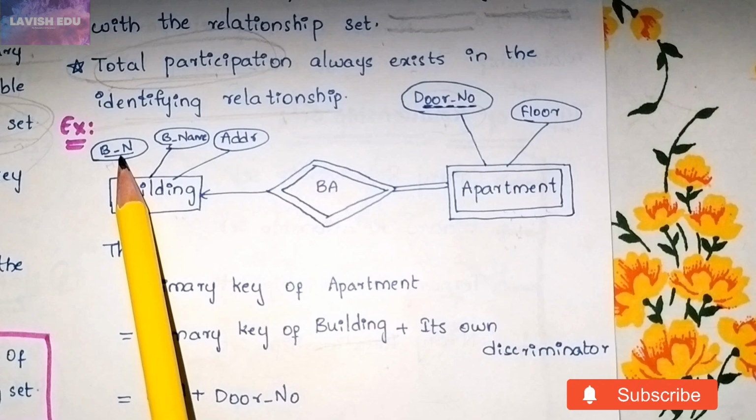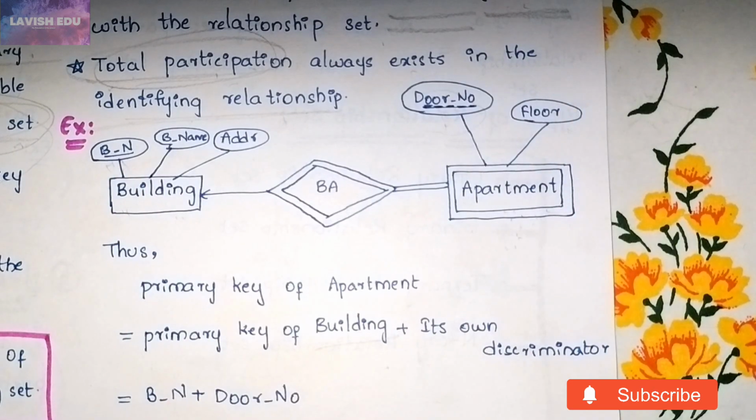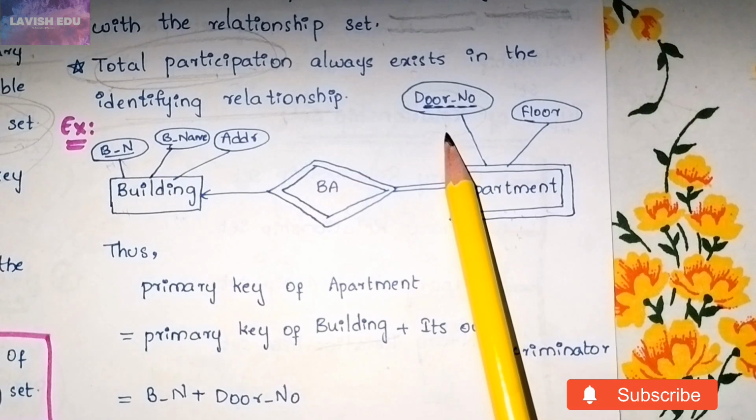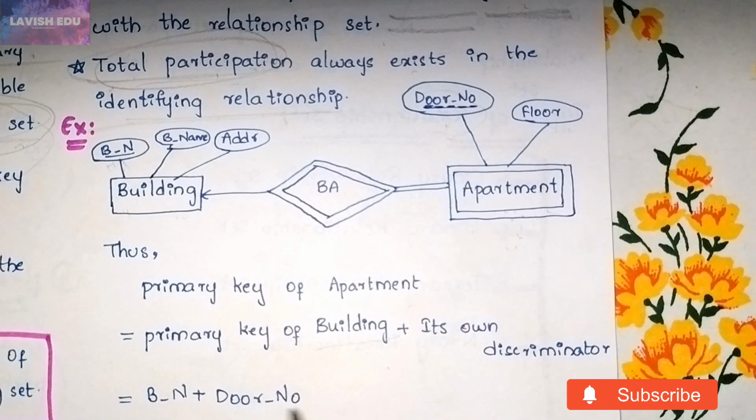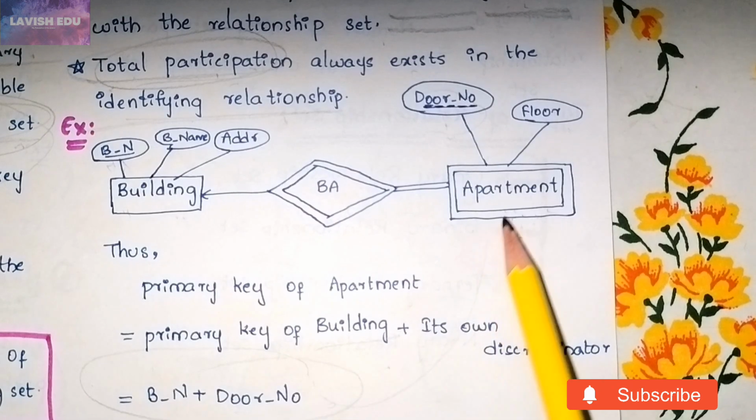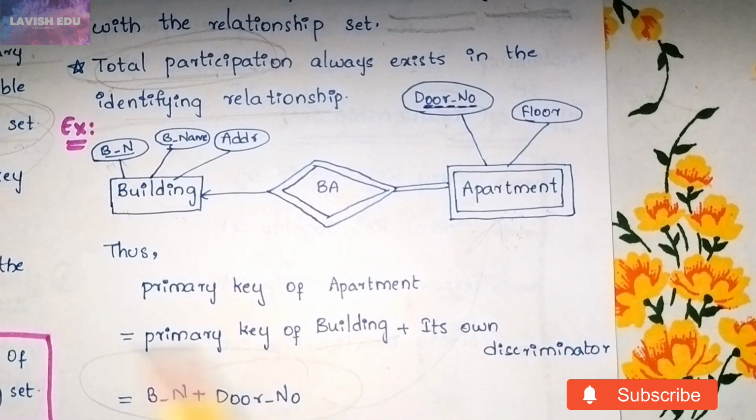The primary key of the building is building number, plus its own discriminator. The discriminator that we can see here is door number. So building number plus door number. By this we can find the primary key value of the weak entity set.